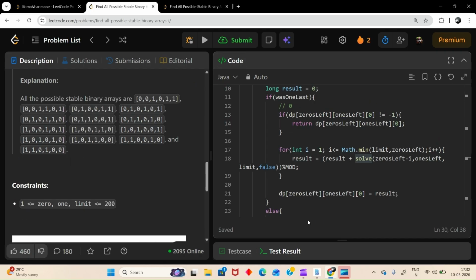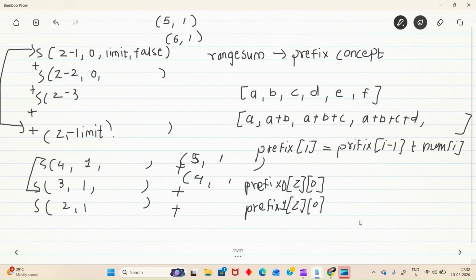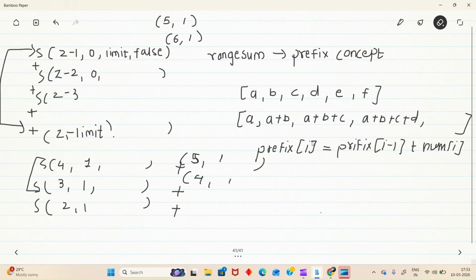Now we can start. Before that, what I was showing is, instead of this, I'll write my result.